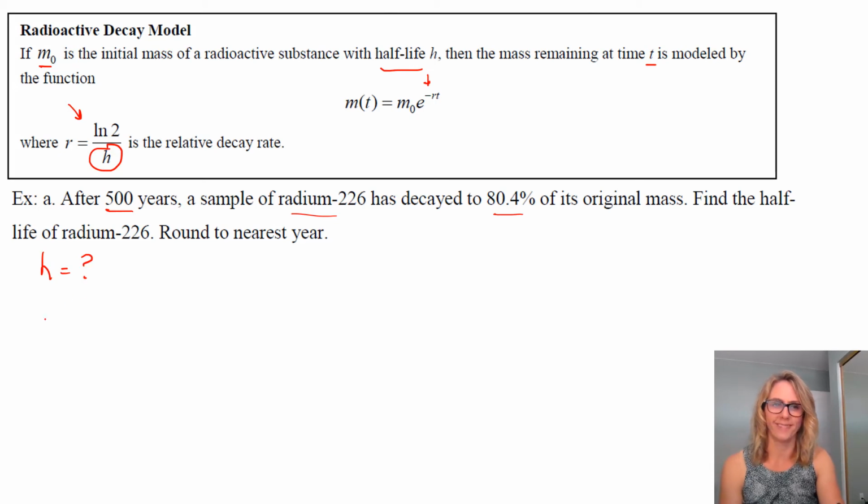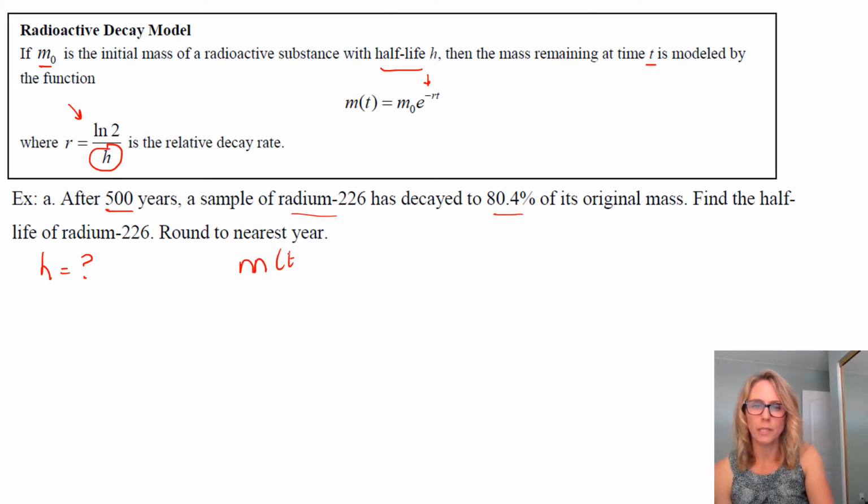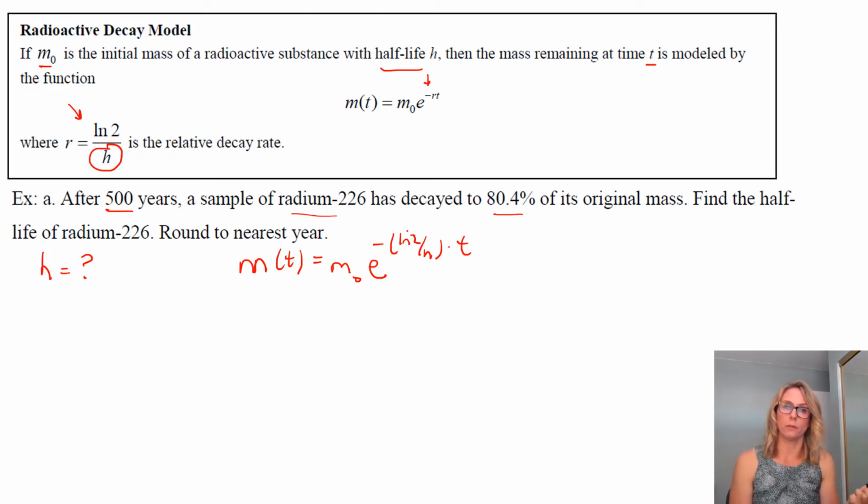So when we think about this function, let me put m of t and then m naught, so I'm just going back to the original, e to the negative rt, but r is ln 2 over h, times t. I'm doing that because we're trying to find h. So I need to get h in there, but that's what r is for finding a half-life, ln 2 over h. So now I can think about what else I have.